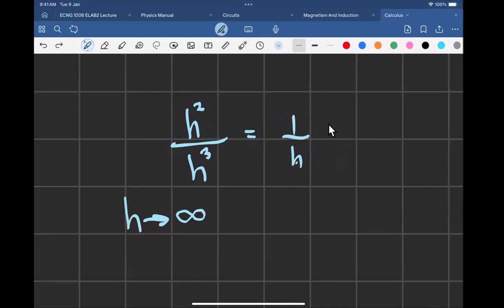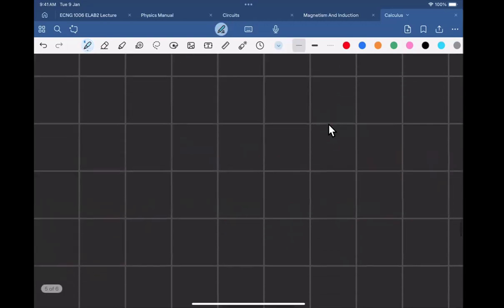The denominator is getting bigger. What happens to the fraction? It'll get smaller. And eventually it'll get so small it'll be equal to 0.